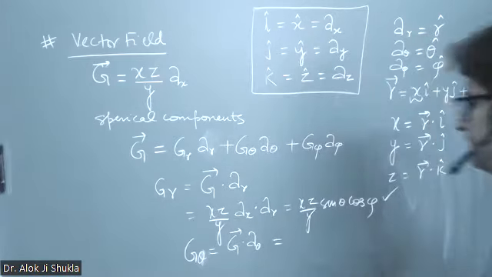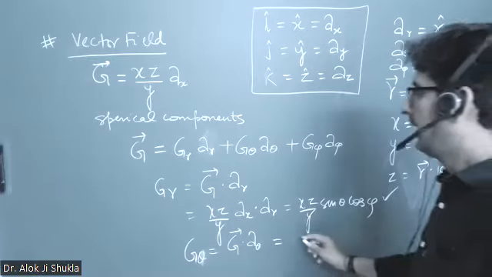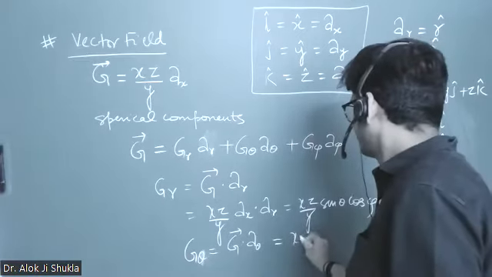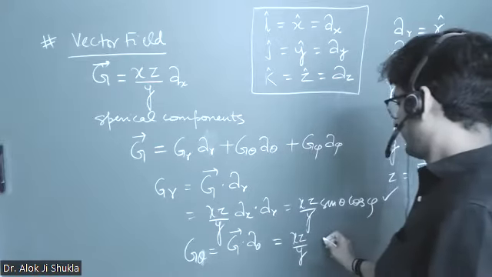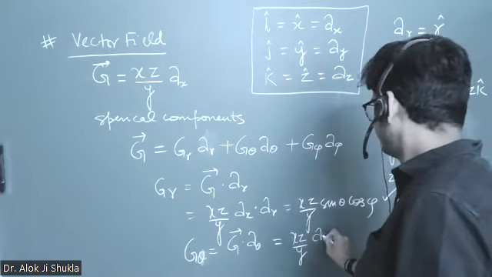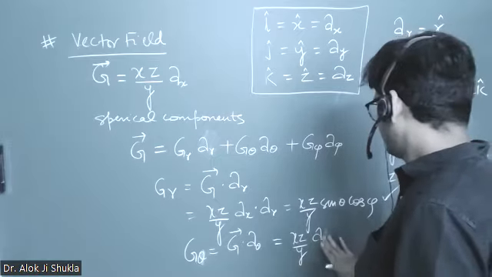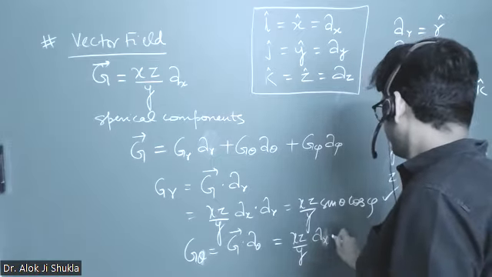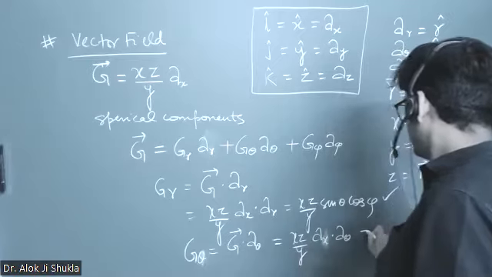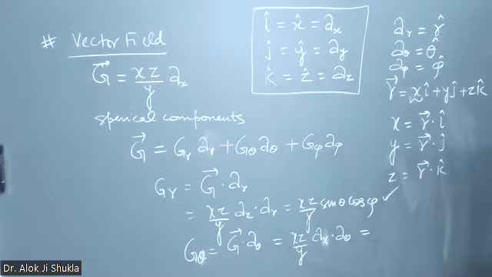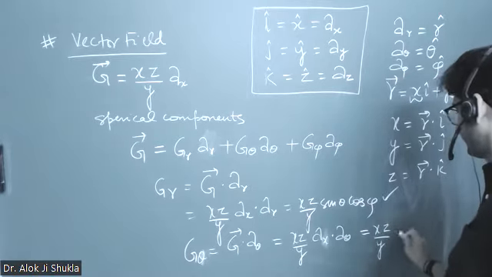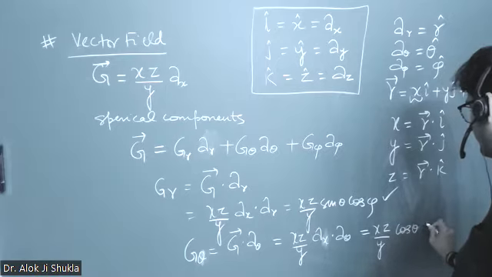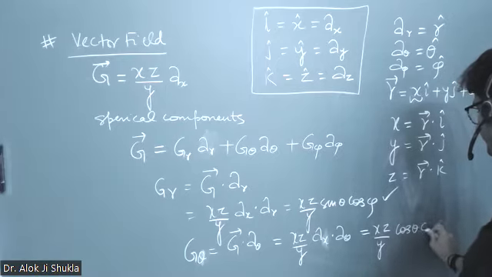So it will be XZ by Y AX dot A theta. What will be this? XZ by Y cos theta cos phi.